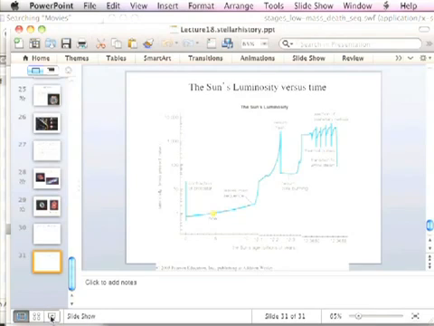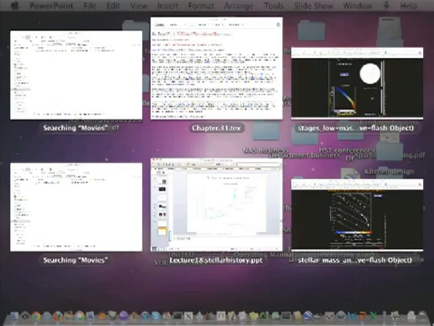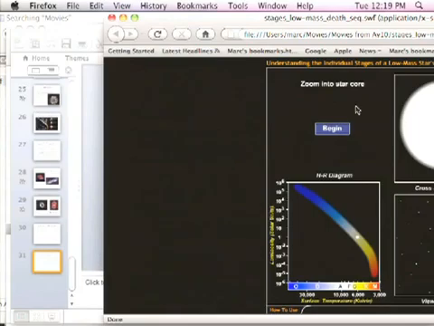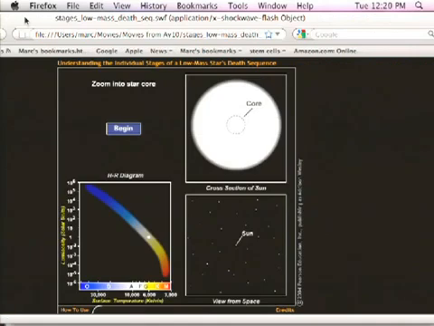All right, let me show one more thing here. Okay, so we're going to play now the evolution of the core of the star. Here's a star right here.